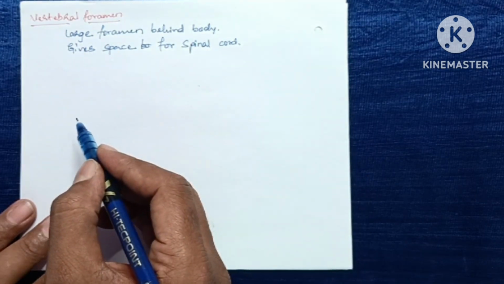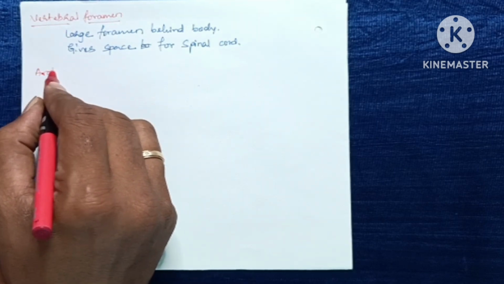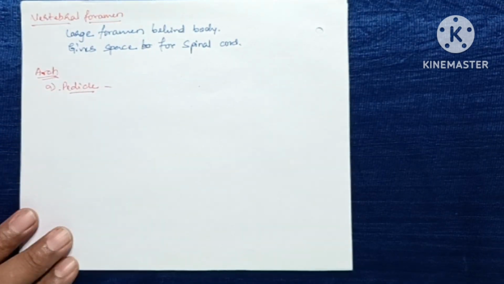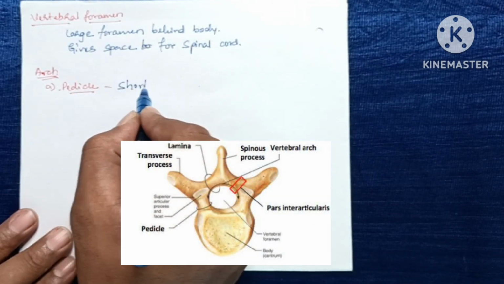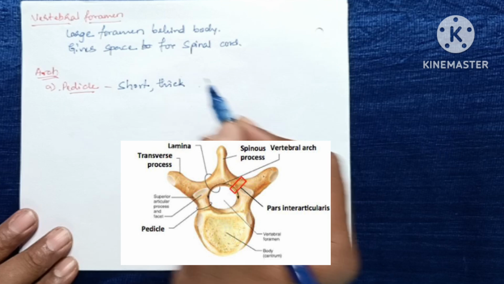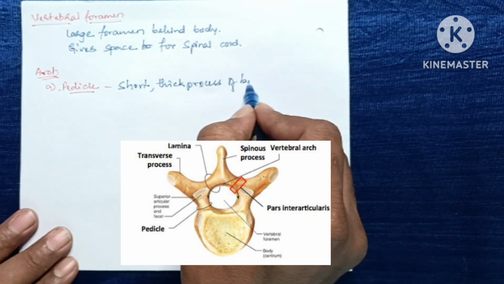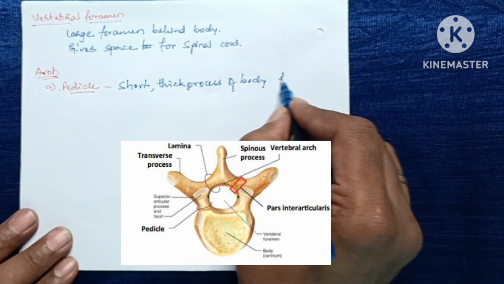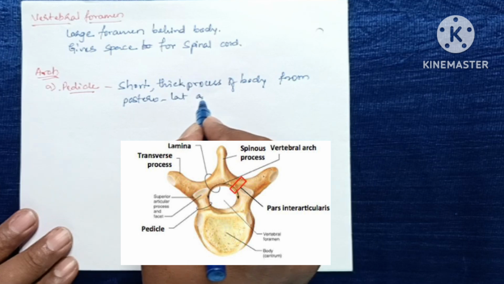Let us see about the arch. First is the pedicle. The pedicle is a short, thick process of the body, from the posterolateral aspect of the body.